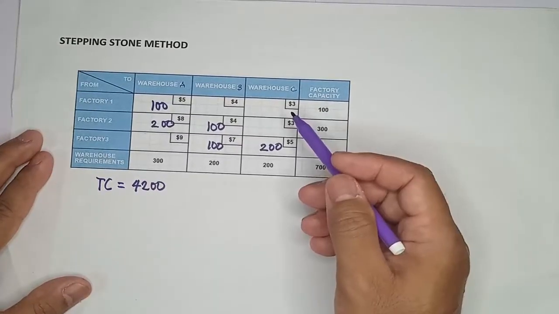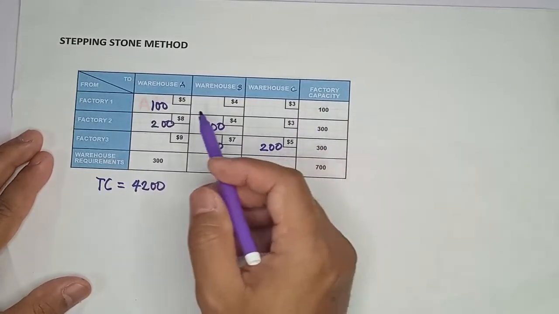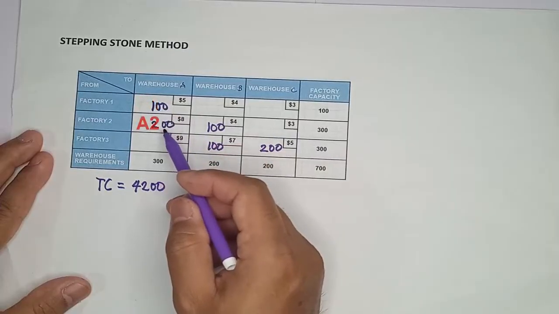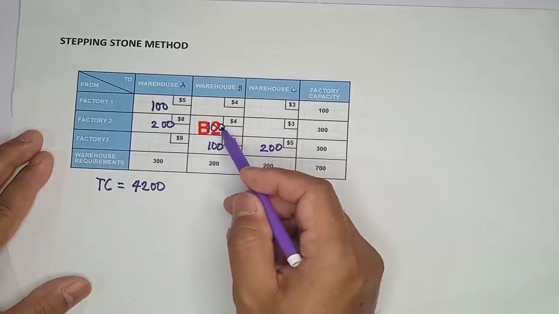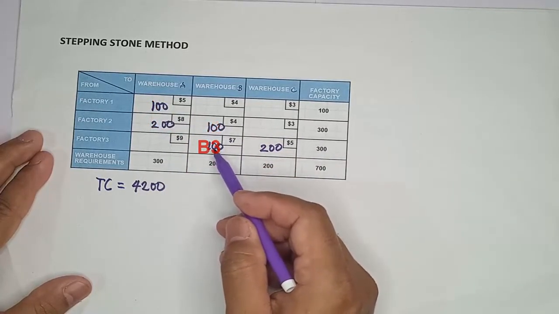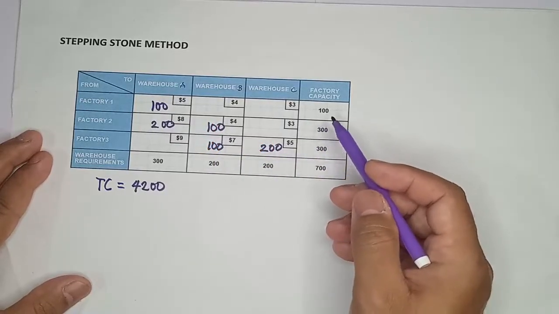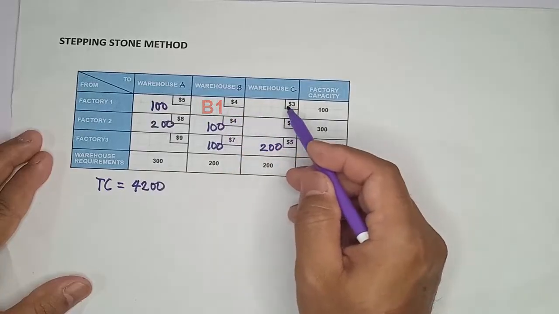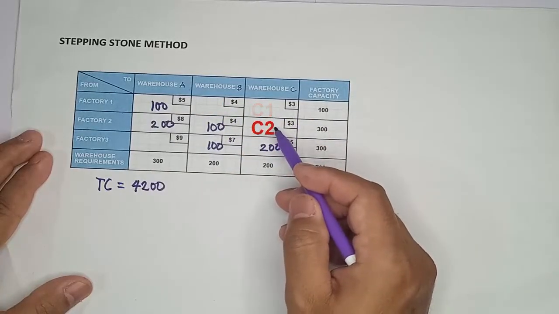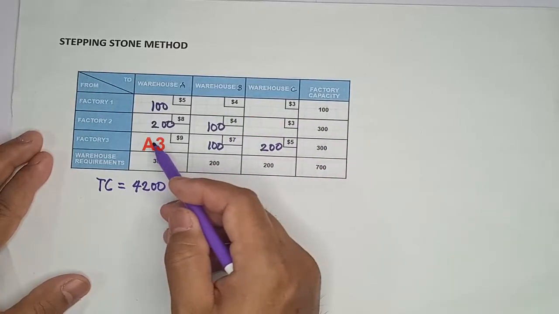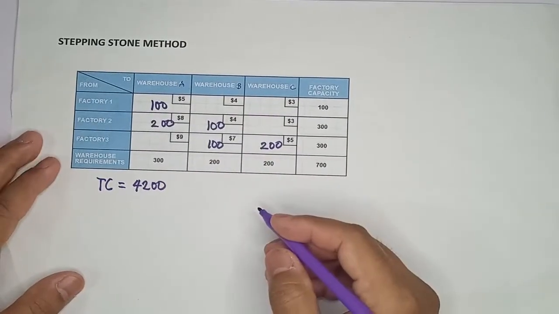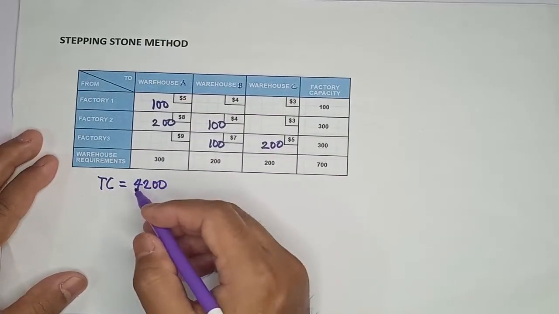So the used cells are as follows, and we're going to code them as A1, A2, B2, B3, and C3. The unused cells are B1, C1, C2, and A3. So we need to identify the unused cells.